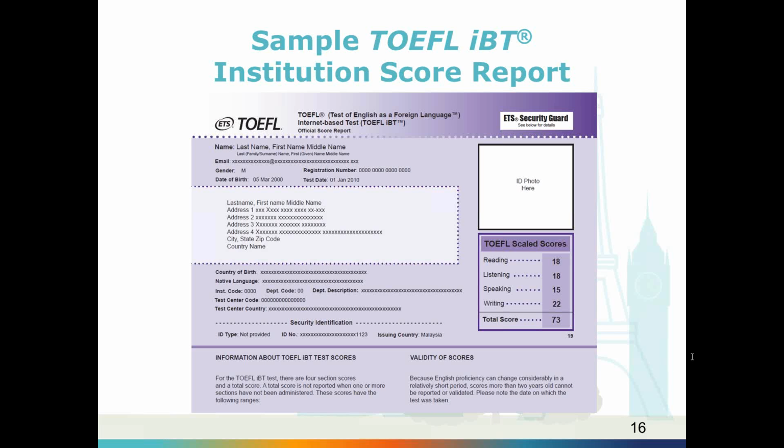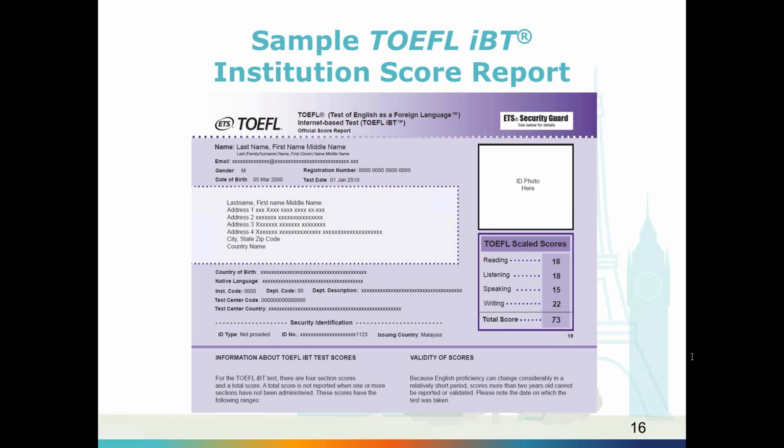This is a sample of an institution score report. The test takers actually receive a different kind of score report in addition, which gives them performance feedback. So it gives some tips about where they might have fallen down in a particular skill area and some suggestions about how they might improve that particular skill area.